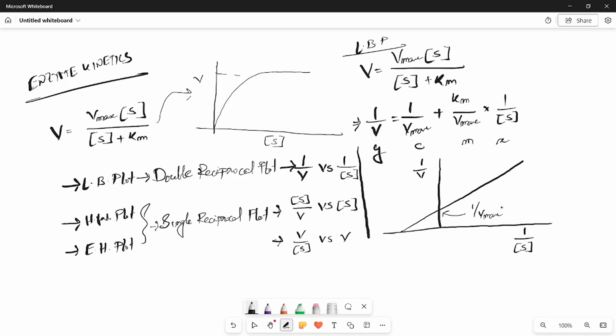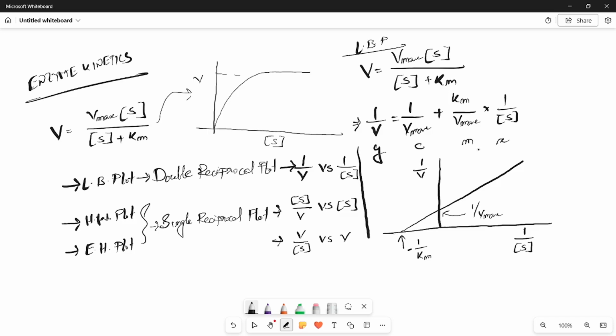Now m equals the slope, that is the tan inverse value. If you simplify these things, this point will be minus 1 by Km, because this is the slope.